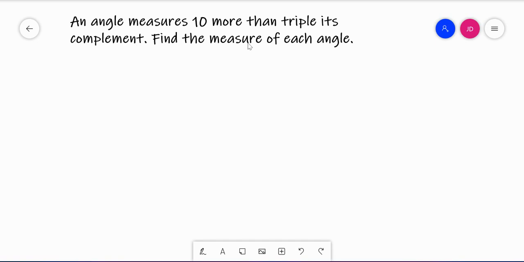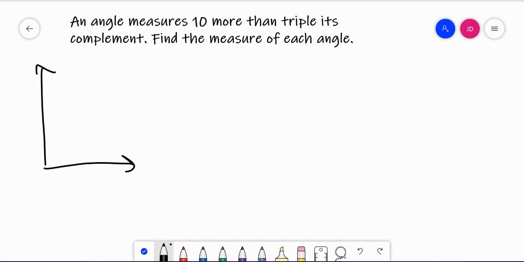An angle measures 10 more than triple its complement. Find the measure of each angle. Complementary angles are two angles that add up to 90 degrees. So we have two angles.